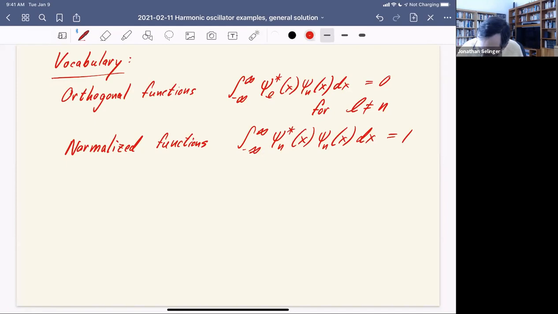And so that happens often enough that we get a combined word. People make the word orthonormal functions, which means orthogonal and normalized.